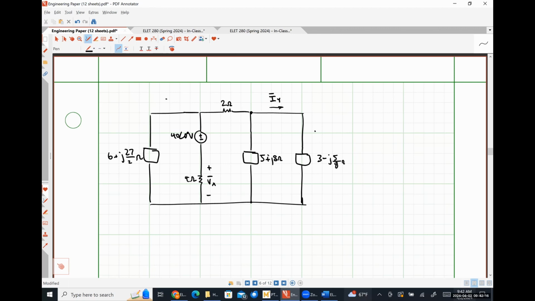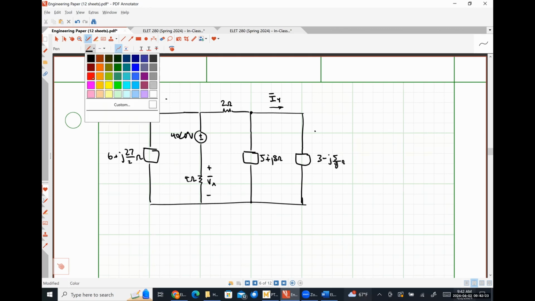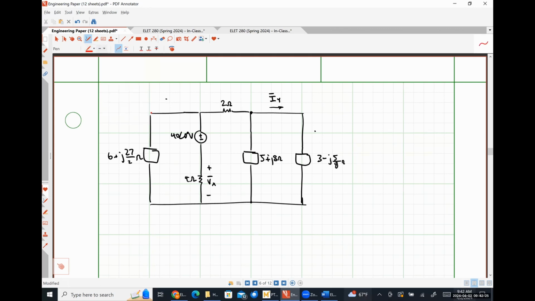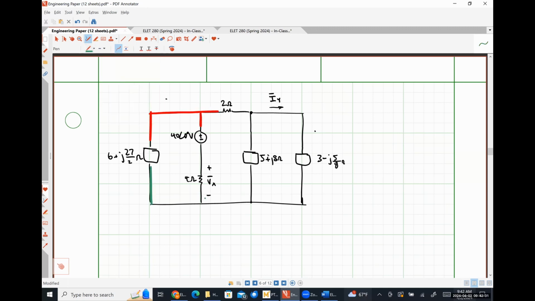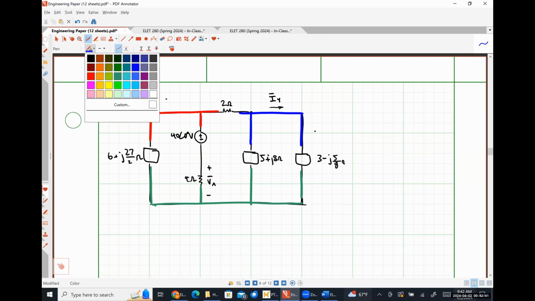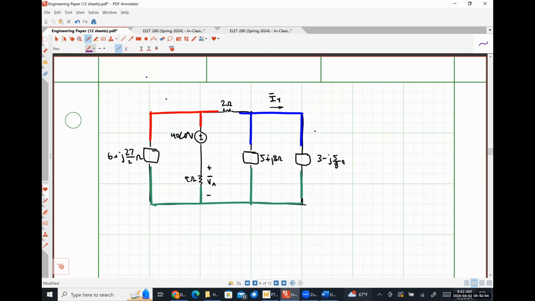All right. So my circuit is as simplified as it could be. Now I'm going to identify my nodes. So we've got this guy right here, this guy on bottom, this guy over here, this guy right here.